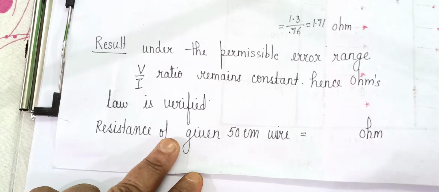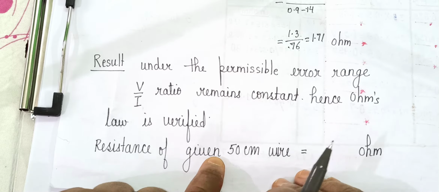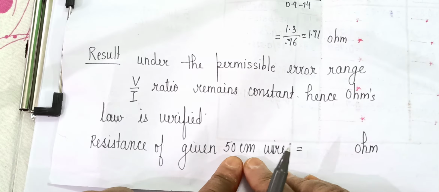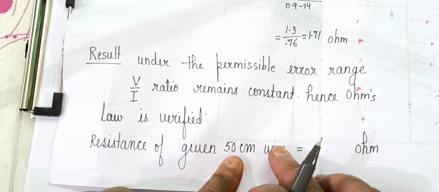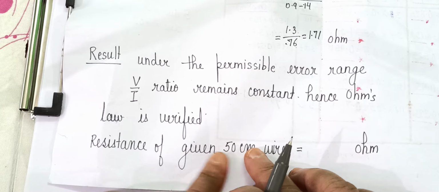Then this is the first conclusion, and then we will write the resistance of the 50 centimeter wire. The wire which we were having as R, it was of length 50 centimeter.